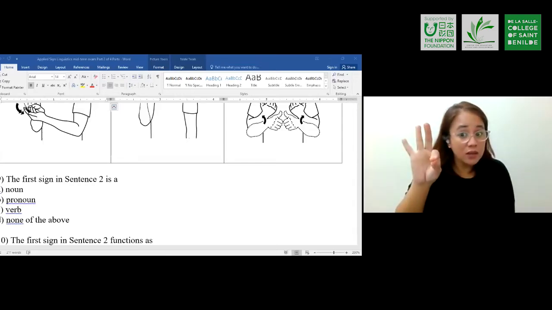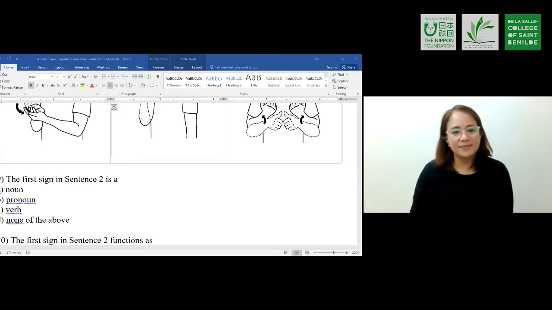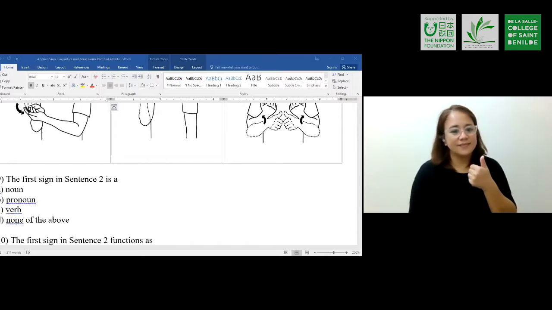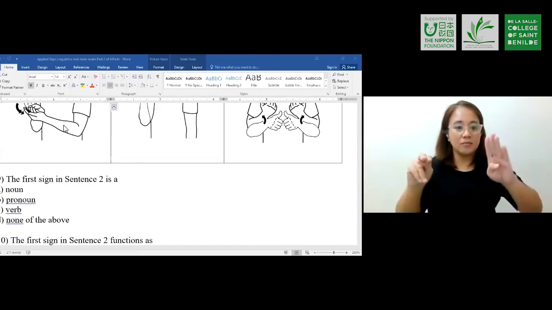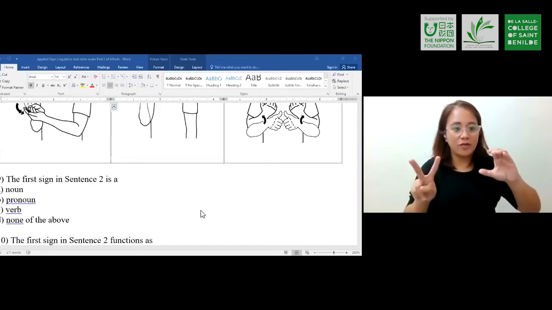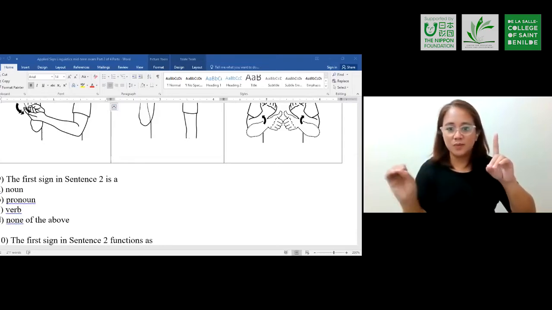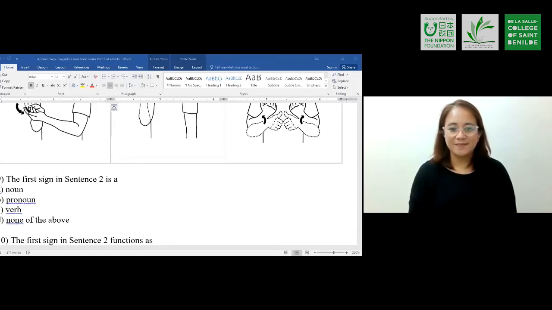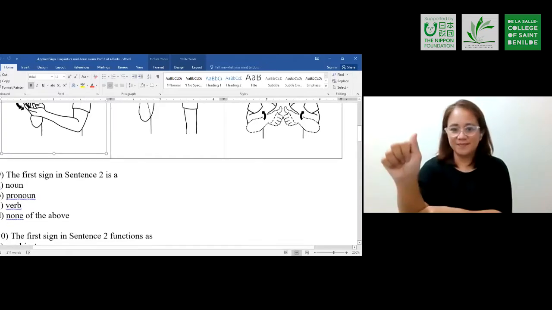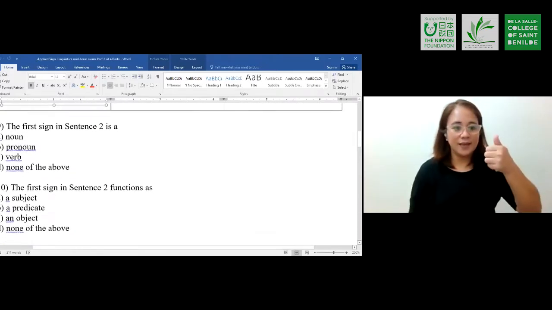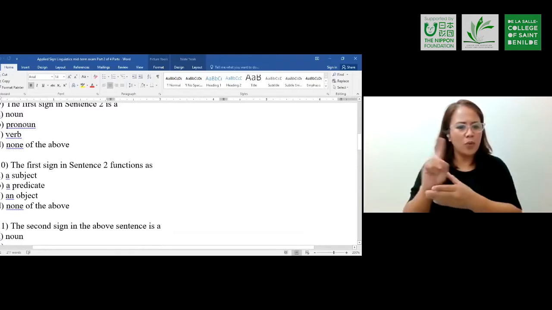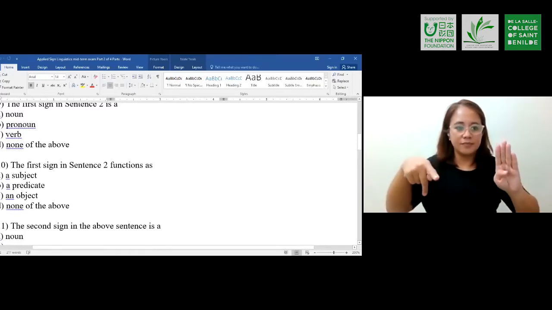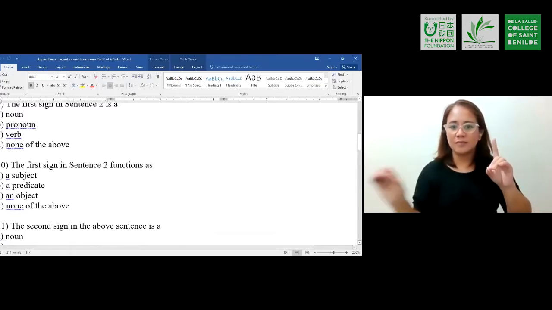Yes. Okay. All right, the first sign in sentence 2, the sign for Mongo, is A, a noun, B, a pronoun, C, a verb, D, none of the above. I see A's. That's correct. And the first sign in sentence 2, Mongo, functions as A, a subject, B, a predicate, C, an object, D, none of the above.